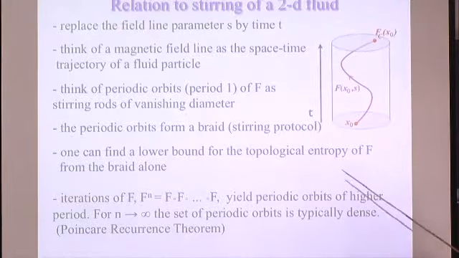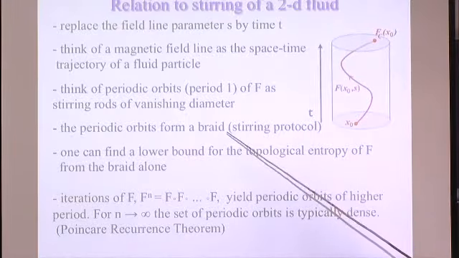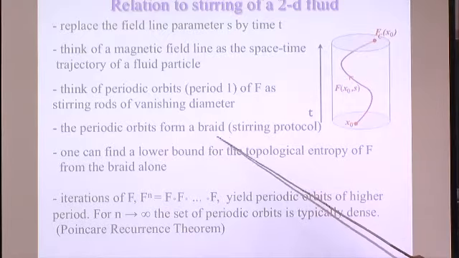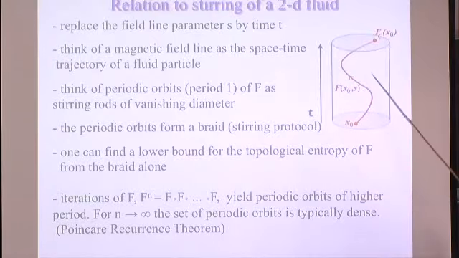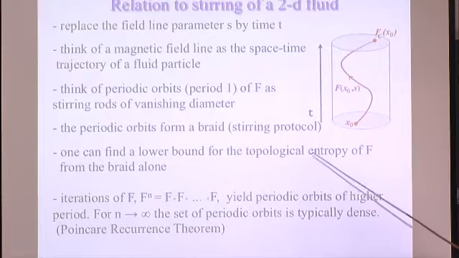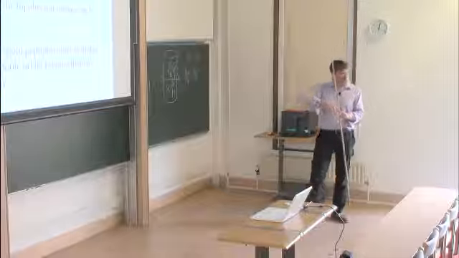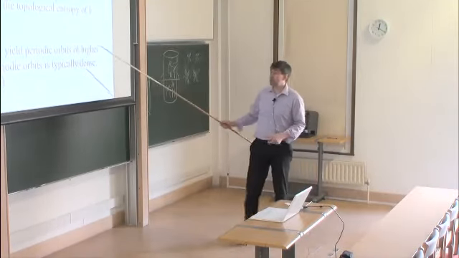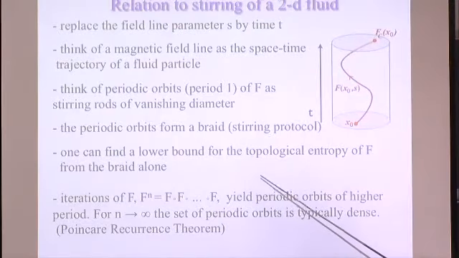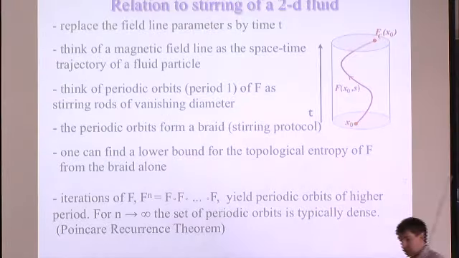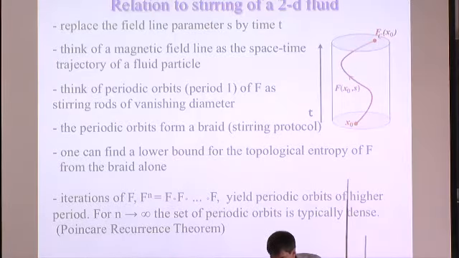And then you have the periodic orbits, so the field lines which end up at the same point at the top as at the bottom. They could be thought of as stirring rods, and you can define a braid for these field lines and calculate things like the topological entropy of this braid.